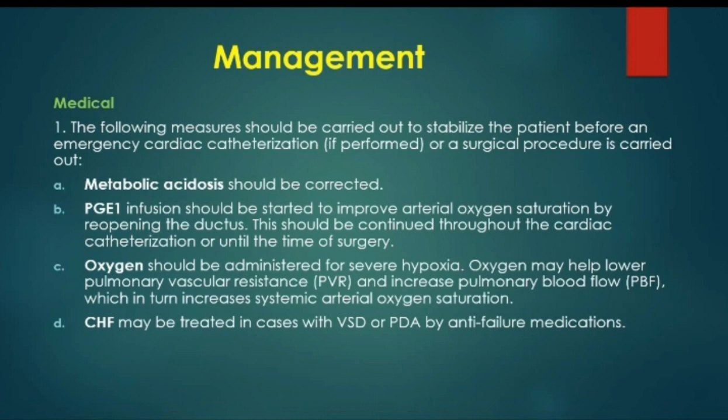We should administer oxygen once prostaglandin E1 is started to decrease pulmonary vascular resistance, allow increased pulmonary flow and increase systemic arterial saturation. In case there is congestive heart failure in patients with VSD or large PDAs, anti-failure medications should be started.